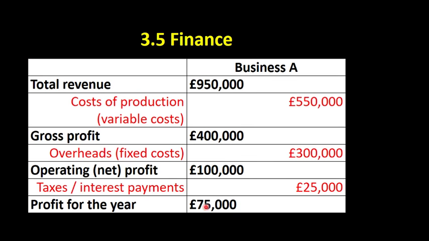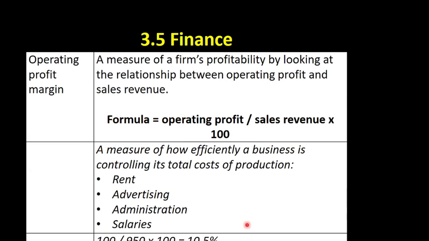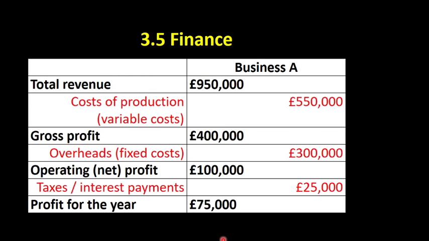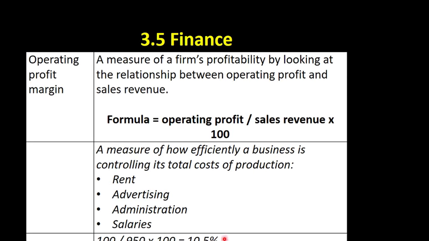And in this case, this organisation has made £100,000 operating profit on total revenue of 950,000. That gives a 10.5% operating profit margin when we put those figures into the formula here. So what does that mean? Well, it means that for every £1 they take in revenue, they're converting 10.5 pence of that £1 into operating profit.